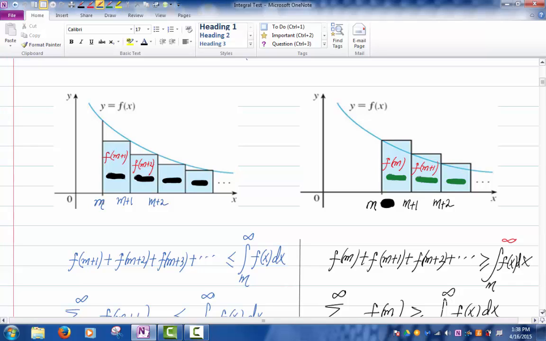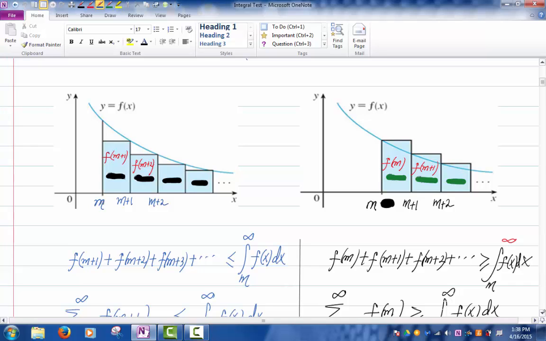First of all, concentrate on the first figure. Remember, number one says if the improper integral of f from m to infinity is convergent, then the series summation k going from 1 to infinity of f of k is convergent. So let's see why that should be true.